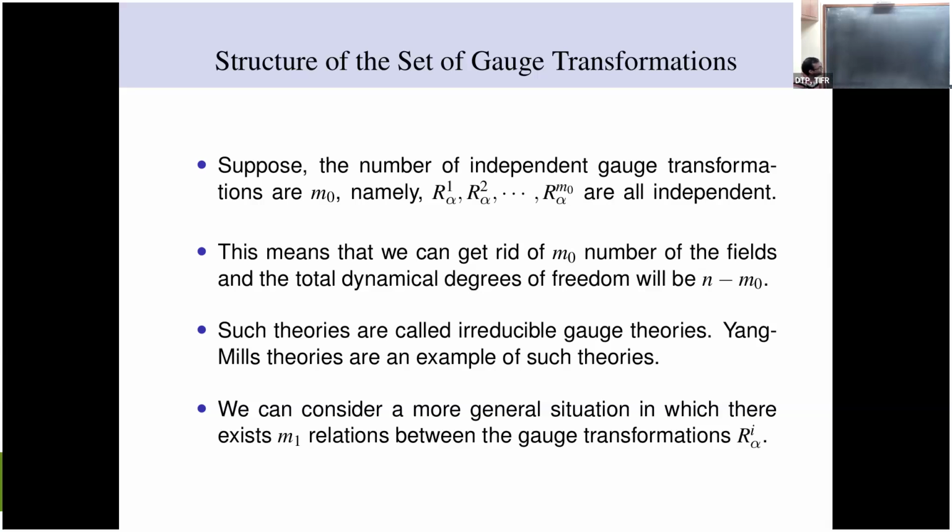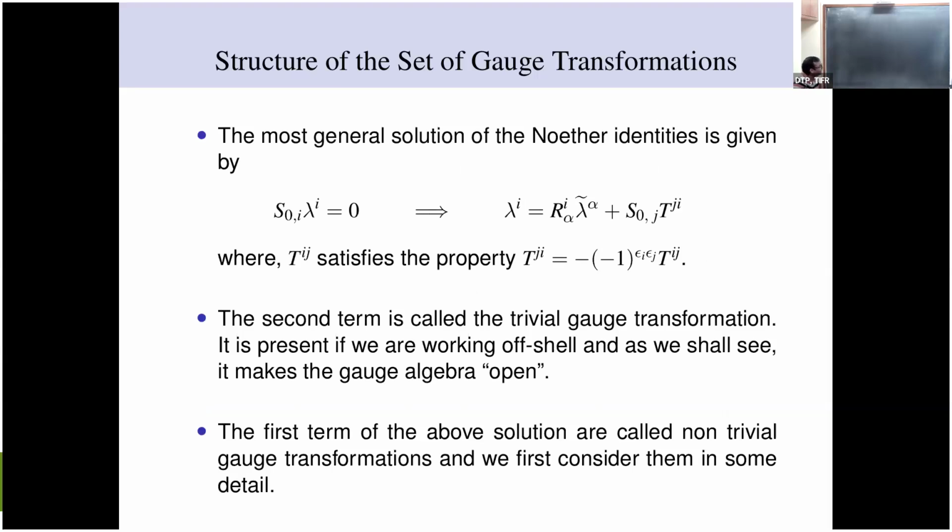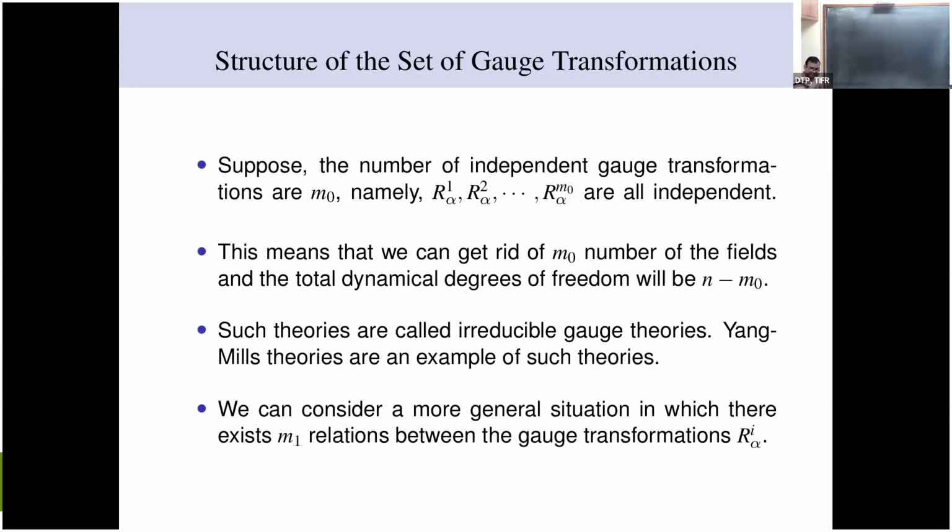R1 alpha is the change of the field alpha under the first gauge transformation. All of these represent the change in the field alpha, under gauge transformations 1 to m naught.